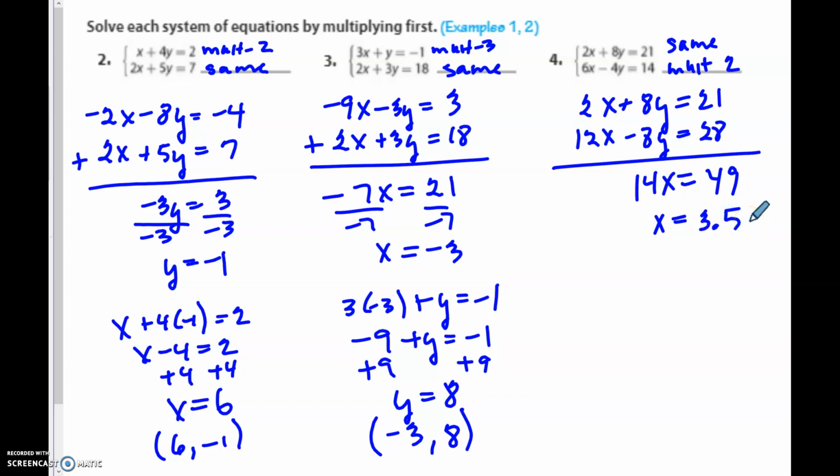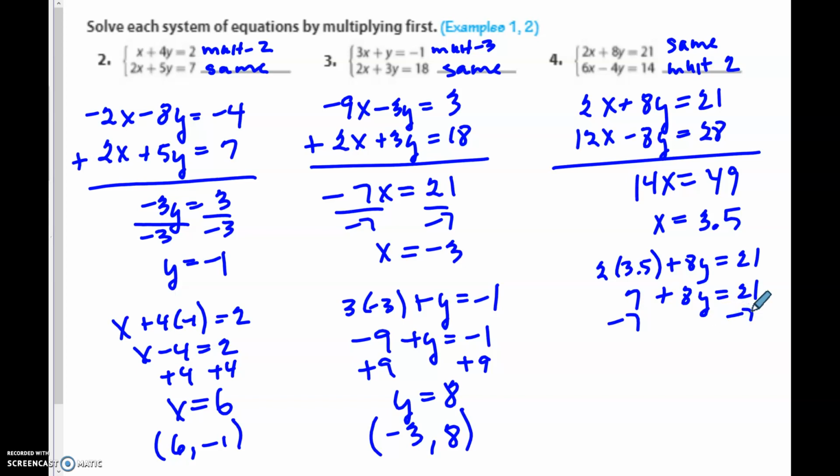3.5. All right, so when I multiply this out, I get 2 times 3.5 plus 8y equals 21. So 7 plus 8y equals 21. I'm going to subtract 7 from both sides.